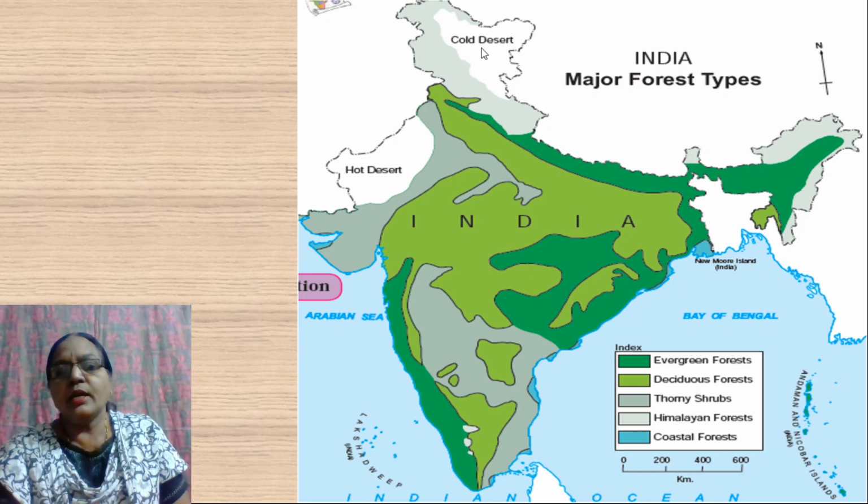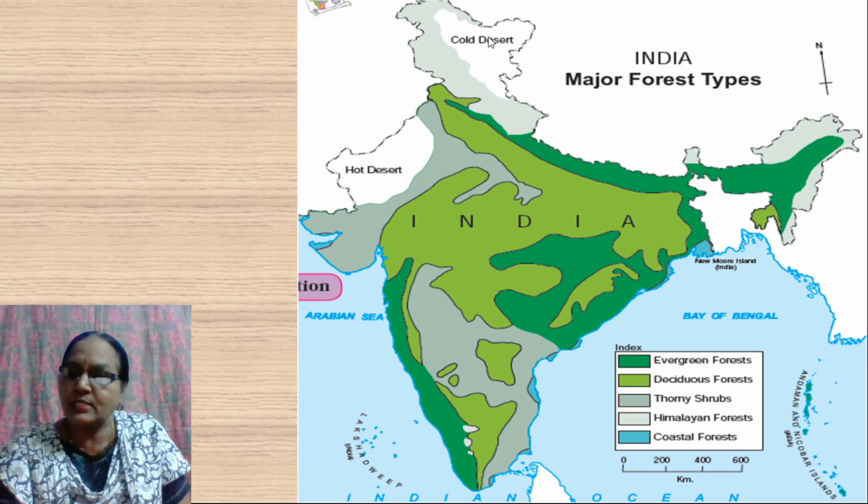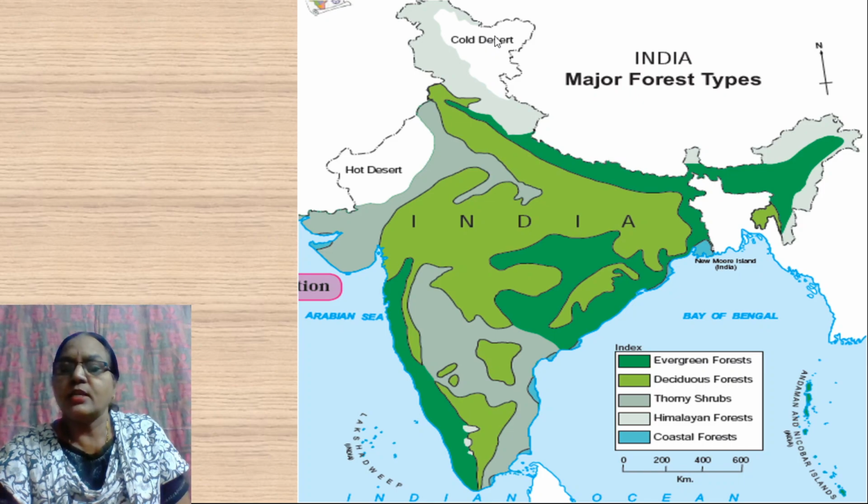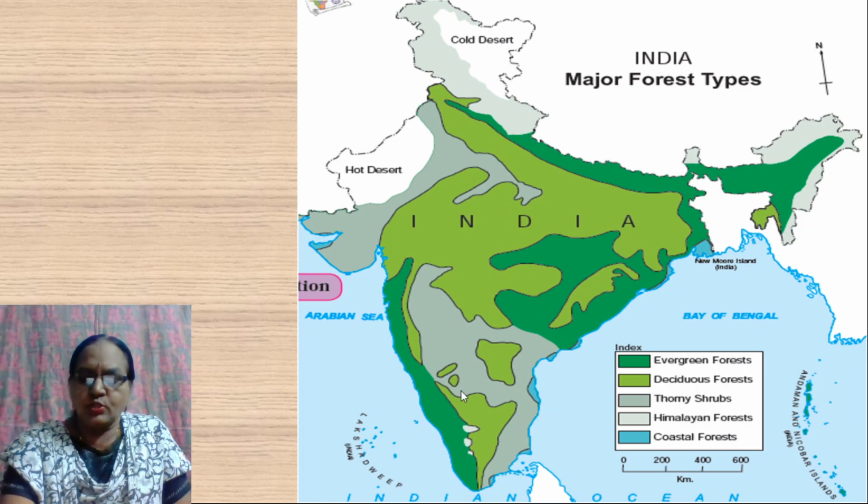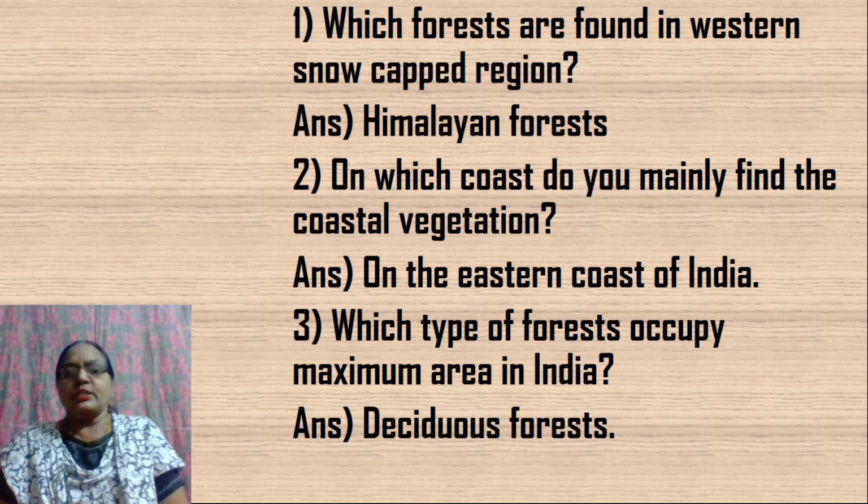Okay, if you take Jammu and Kashmir, for example, the temperature may go even below, say, minus 40 degrees centigrade when the ground gets covered with snow and when no vegetation is possible. Okay, so let's continue with this.